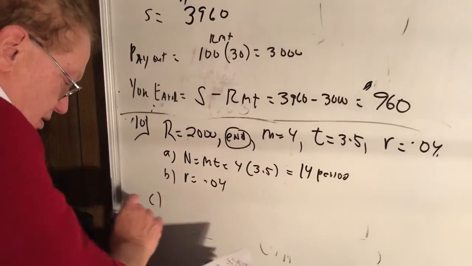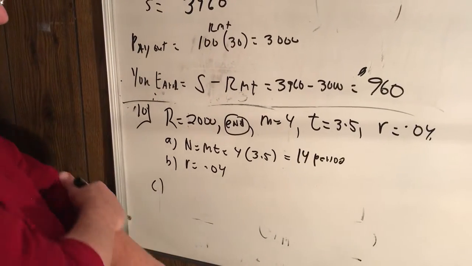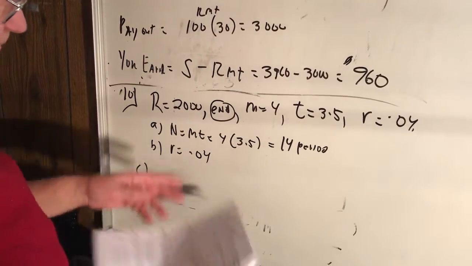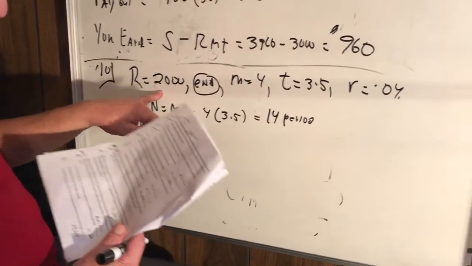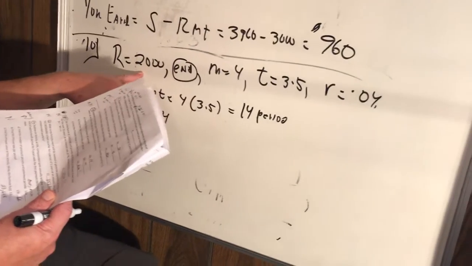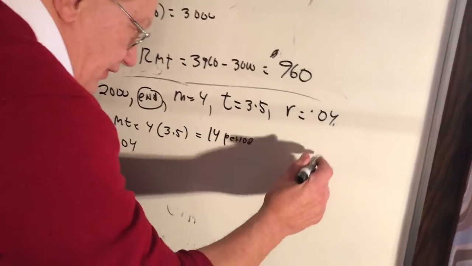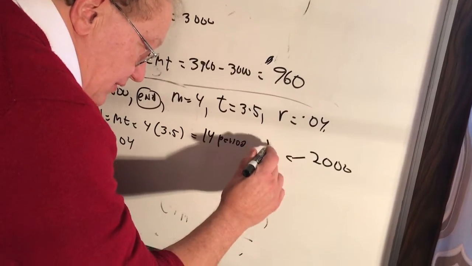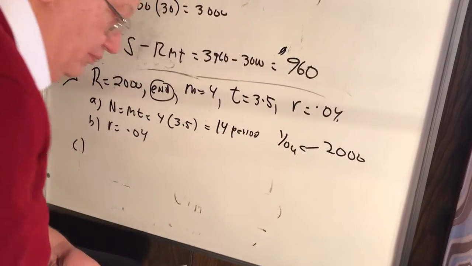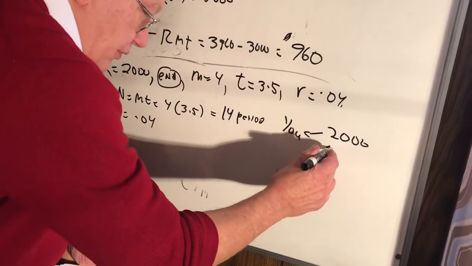And C, find the present value. Now, why is this a present value problem? Well, they're not putting in $2,000, they're paying it to you. So in this case, the 2,000 is coming back to you every 3 months.